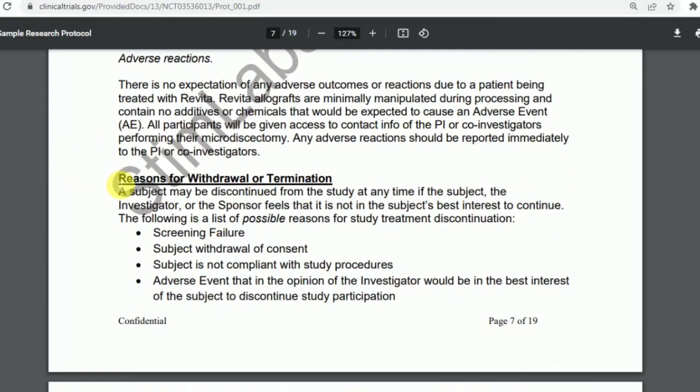Now, another important topic is reasons for withdrawal or termination. A subject may be discontinued from the study at any time if the subject, the investigator or the sponsor feels that it is not in the subject's best interest to continue. Let me give you an example. Suppose a subject is suffering from fever after taking this drug. Later the investigator or physician identifies that this fever is mainly caused by taking Revita.